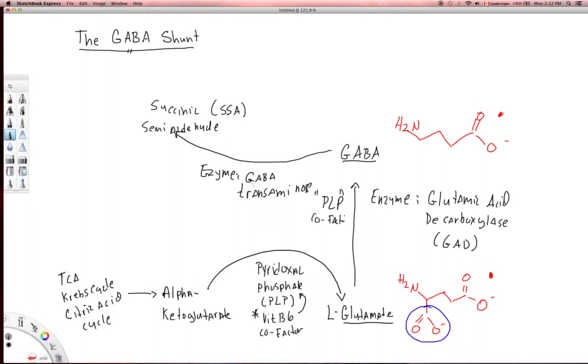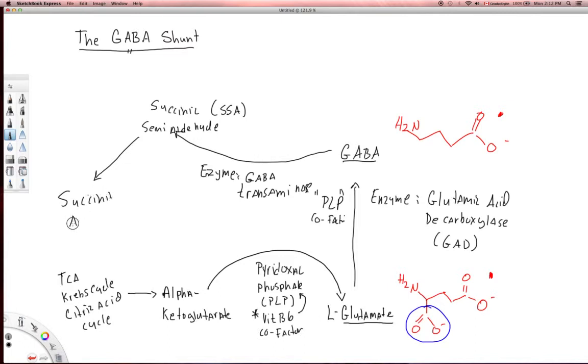That's the enzyme that catalyzes the reaction from GABA to succinic semialdehyde, and then succinic semialdehyde is metabolized into, see here, succinic acid, I believe. Yes, it is succinic acid.